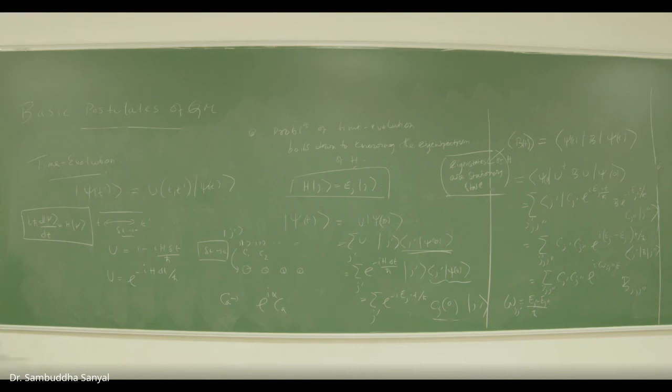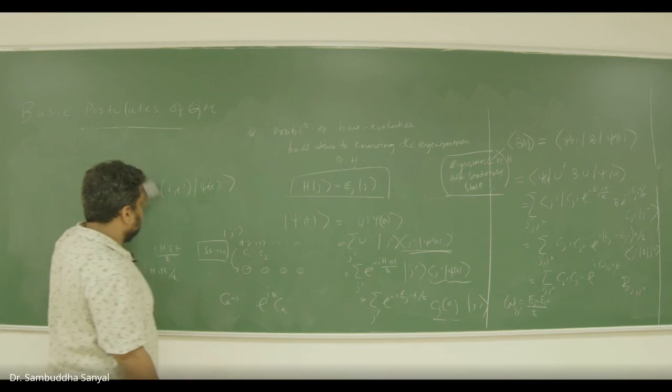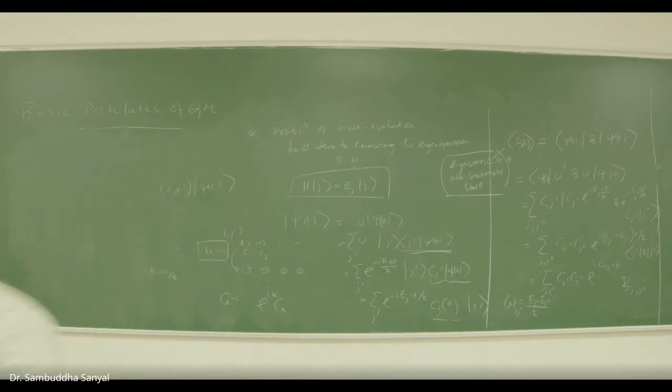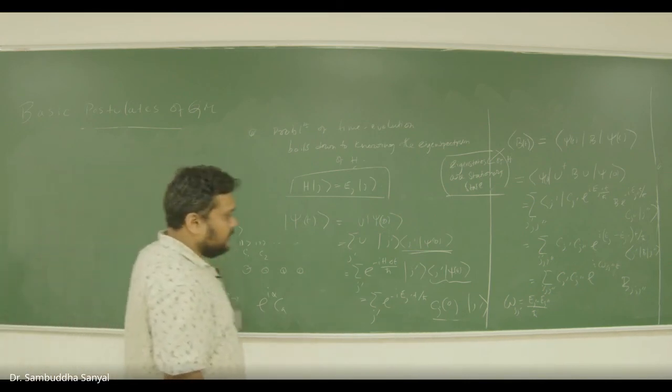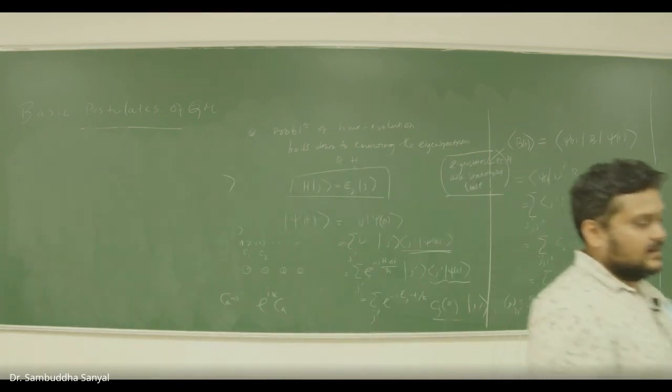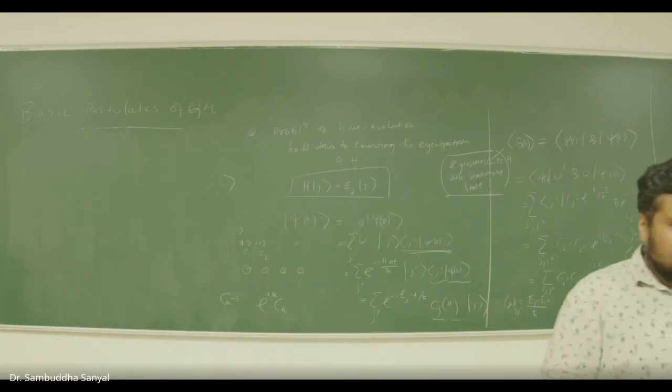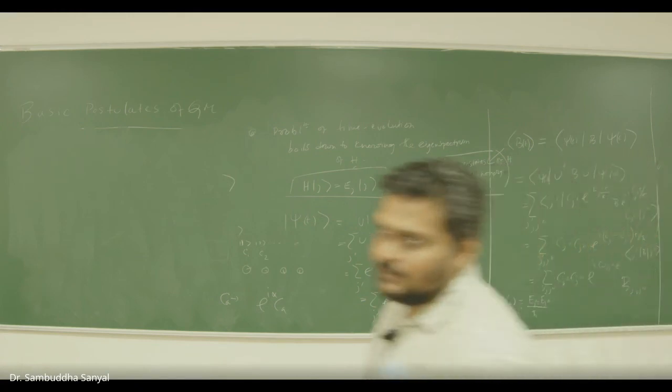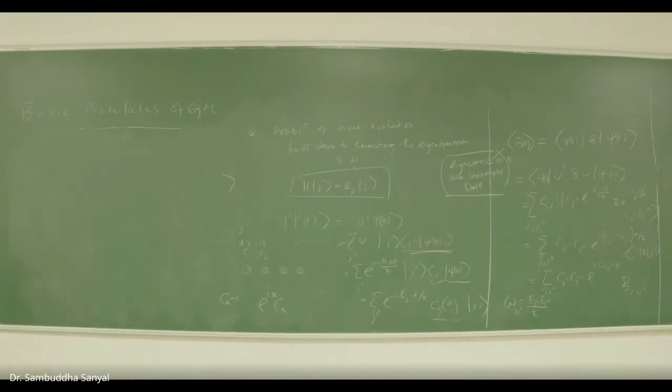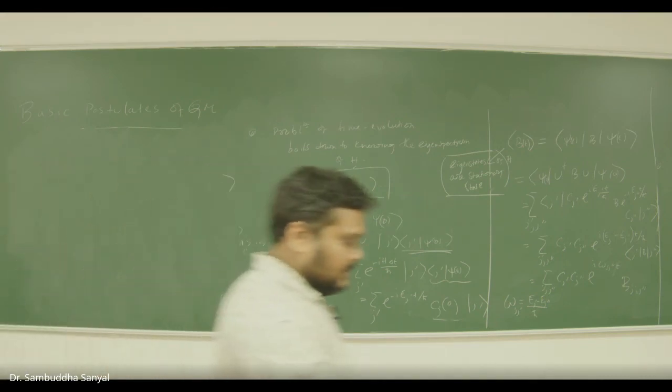Somebody asked me a question in the context of time and space translation: instead of thinking of a translation of an object or a physical observable, what if I think of it as a translation of the coordinate frame, which is also perfectly fine. Any transformation, the rotation or anything, you can think of as a transformation of the coordinate frame or of the physical object.